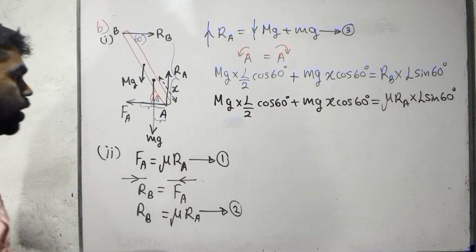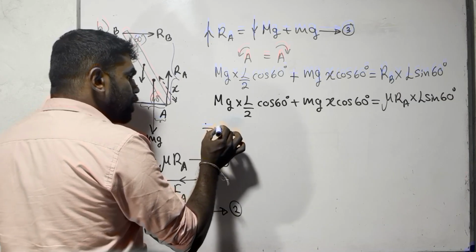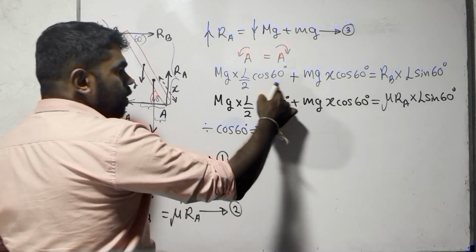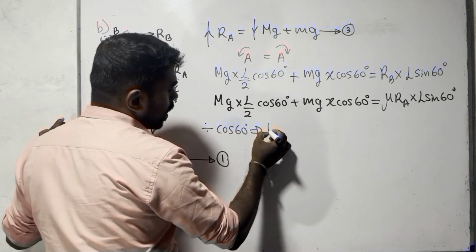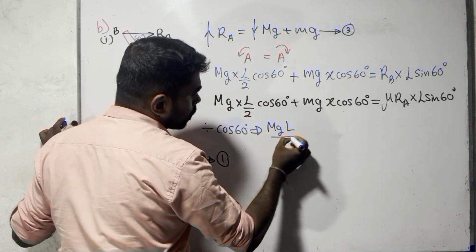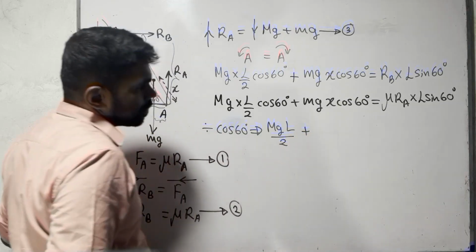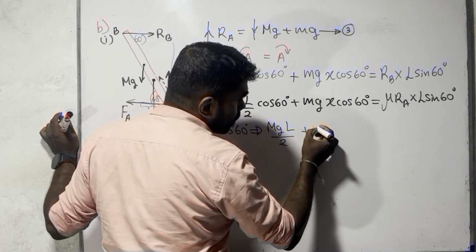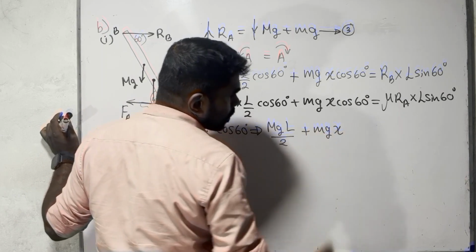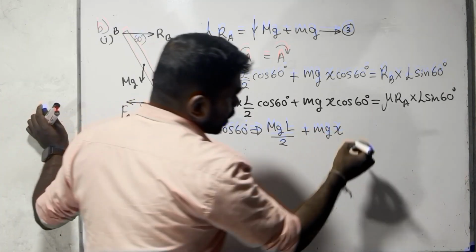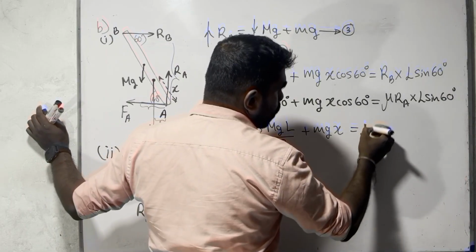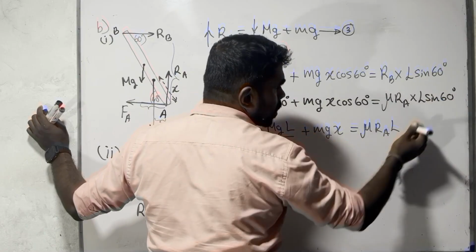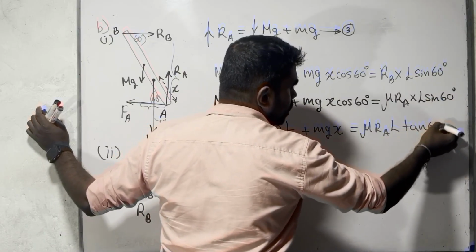Now I will divide all terms of the equation by cos 60. Then we can remove this cos 60. Mg L over 2 plus mgx equals mu RA L sin 60 divided by cos 60, which is tan 60.